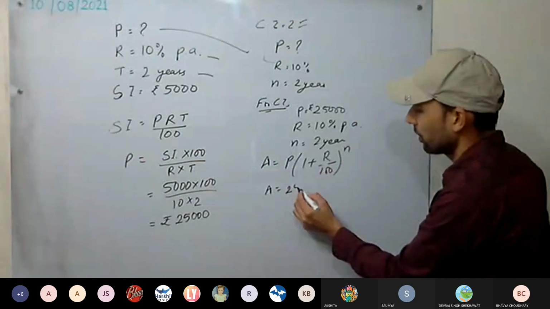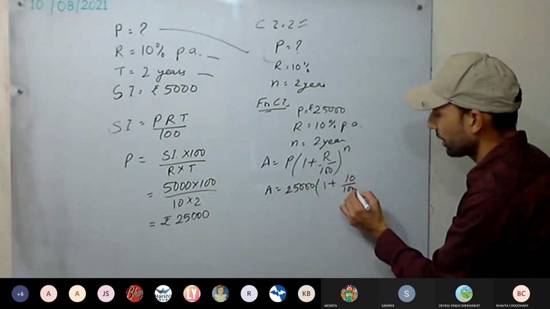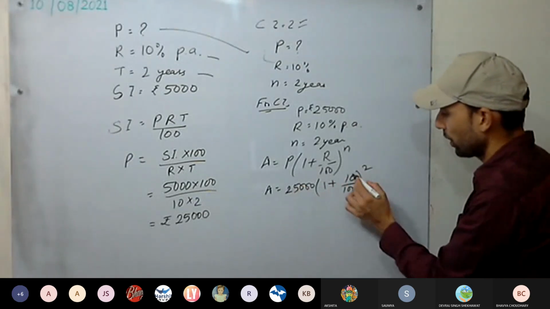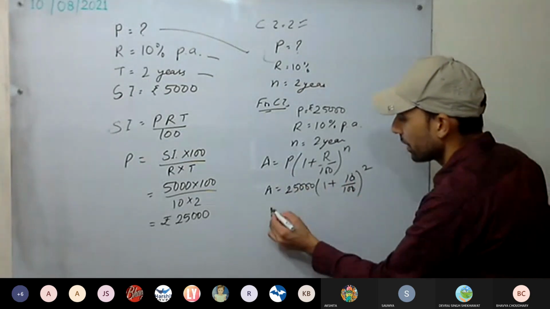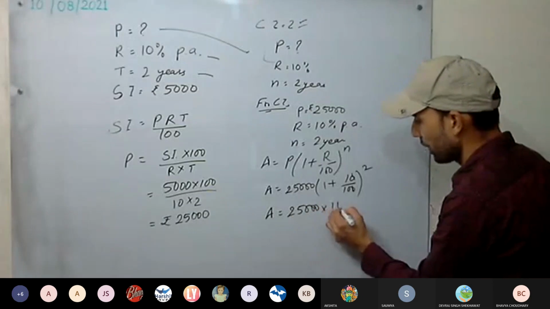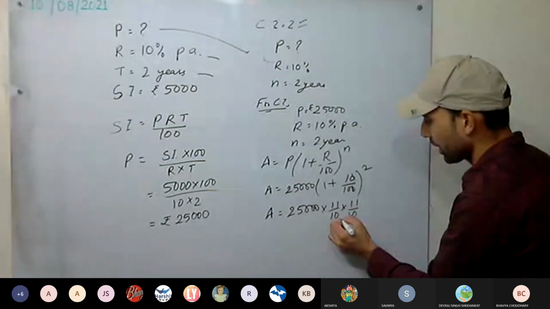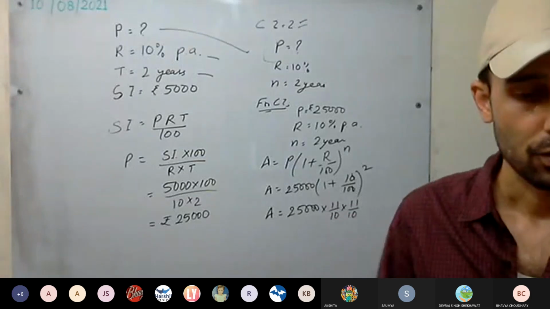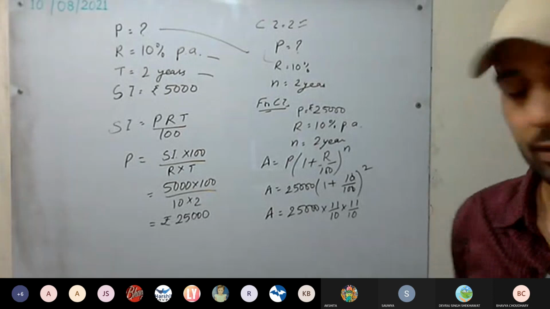A equal to 25,000 into (1 + 10/100)^2. Cancelling the zero, 11 by 10 into 11 by 10. 2 zeros get cancelled. Multiply them. So 121 into 25.